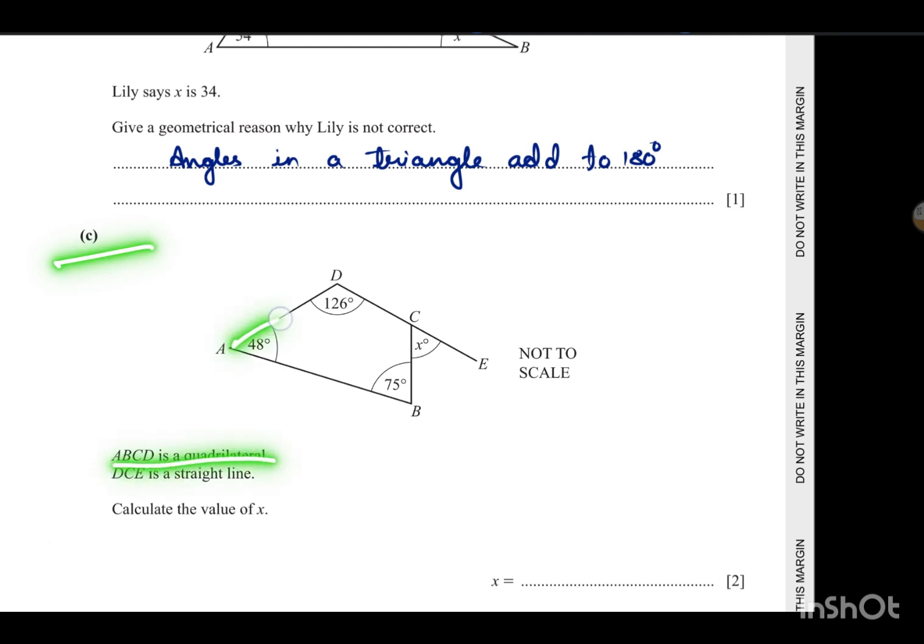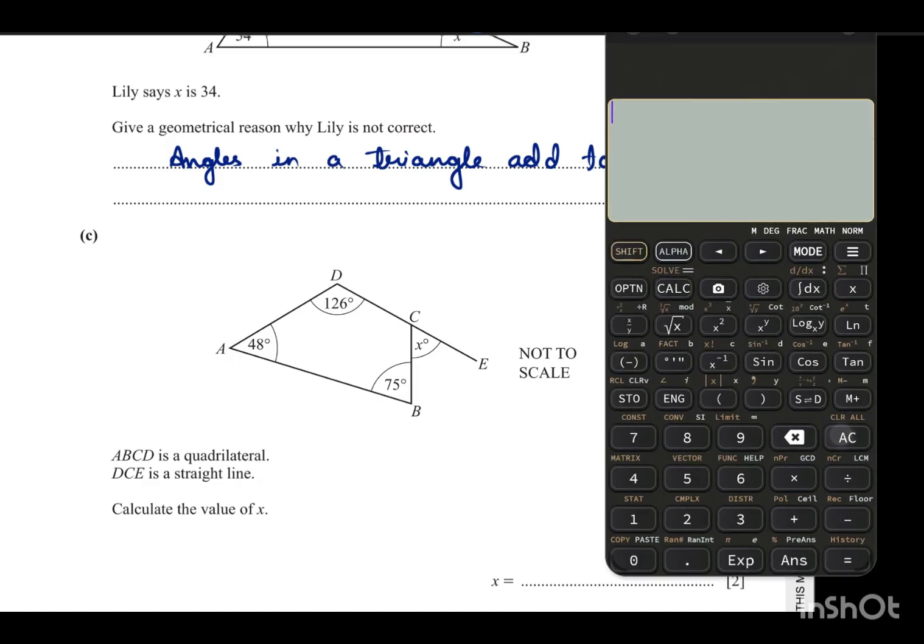ABCD is a quadrilateral. DC is a straight line. Calculate the value of x. So in a quadrilateral, you should remember that if you add all the angles, you get 360 degrees. So find out that missing angle which is not given.